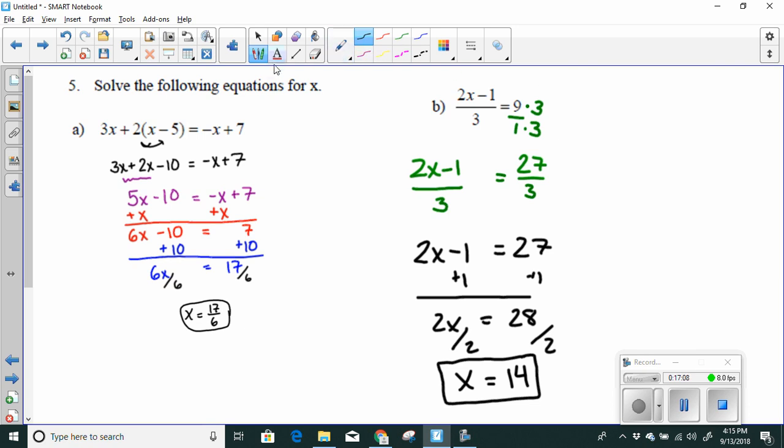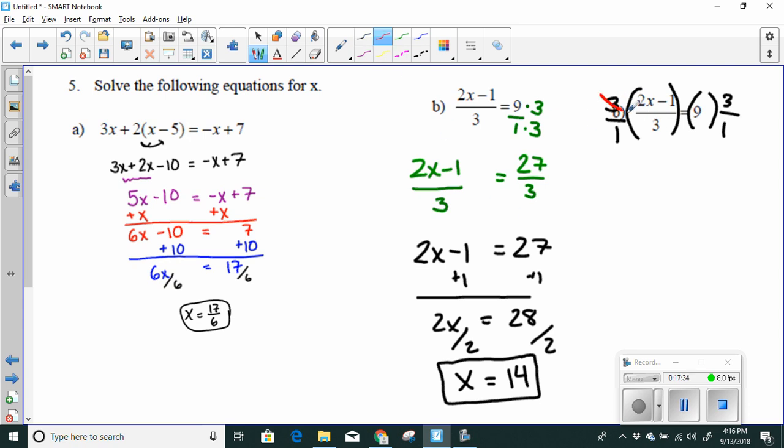Another way to go about solving this problem, and I think your teachers have taught you this because I've seen people do it, is to multiply both sides of our equation by 3/1. Multiplying by 3 will undo dividing by 3.